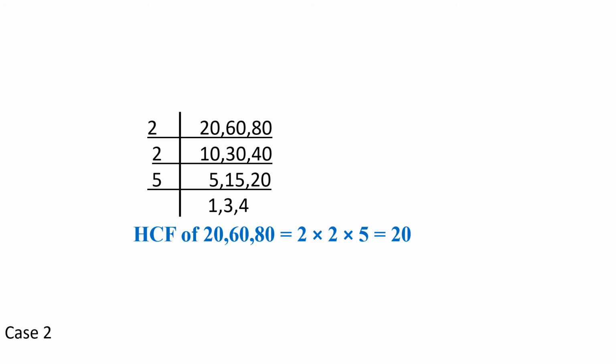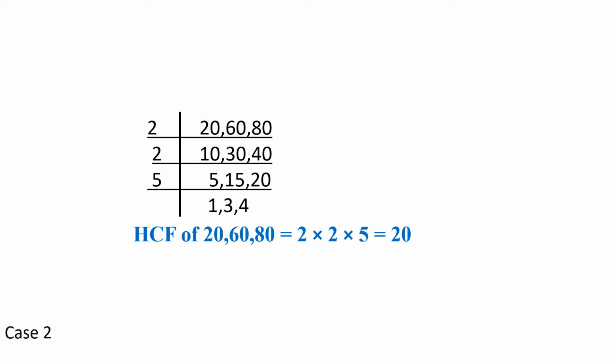Now let us take case 2. The HCF, you know, is 20. But in case 2, if he wants to make a row in the garden with all three kinds of flower in one row, then what will be the arrangement?